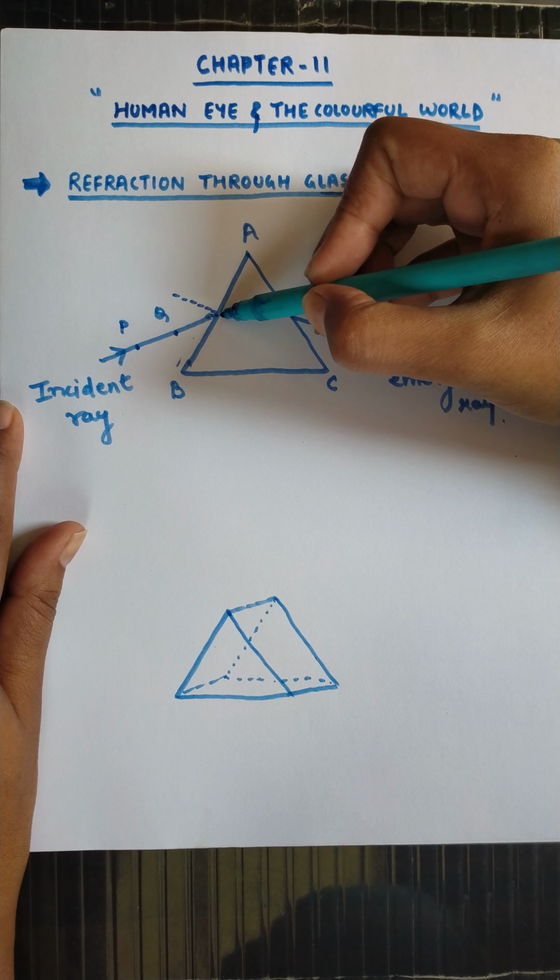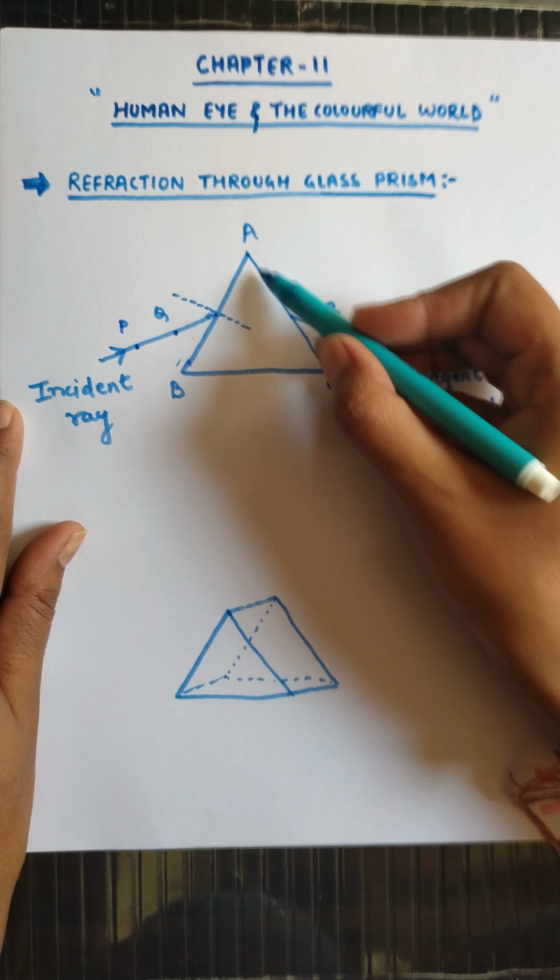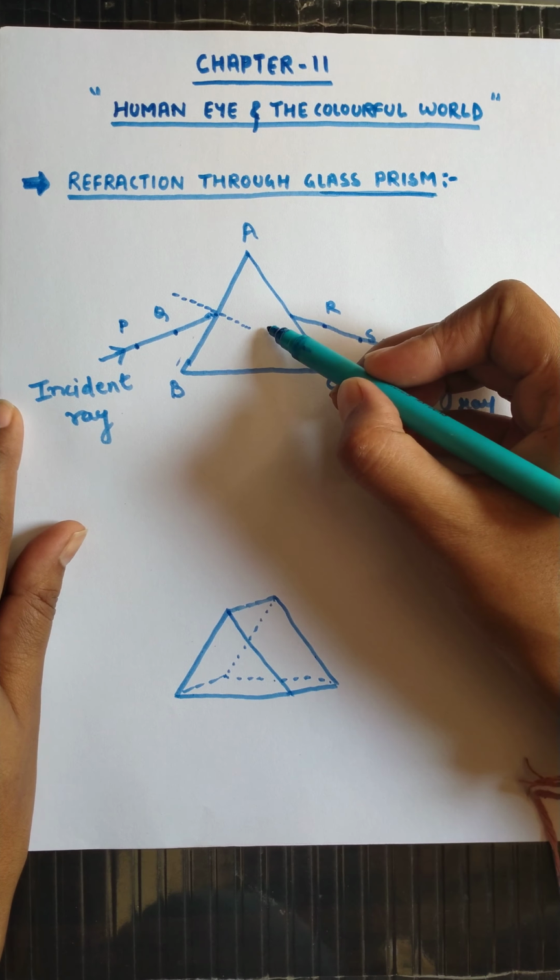This is the normal, which is at 90 degrees, and similarly, perpendicular to this surface we will draw a line like this. So this is the normal. Let's consider it N dash, and this is M dash. These are 2 normals, 2 perpendiculars.